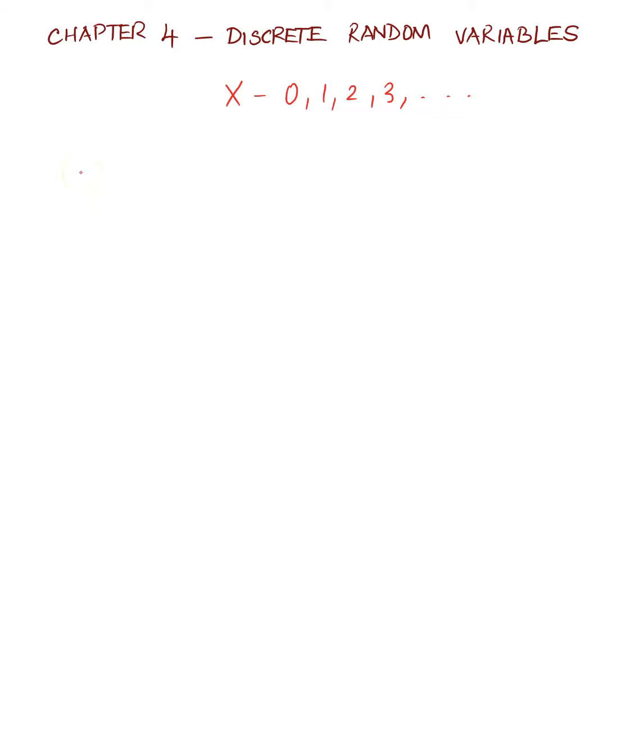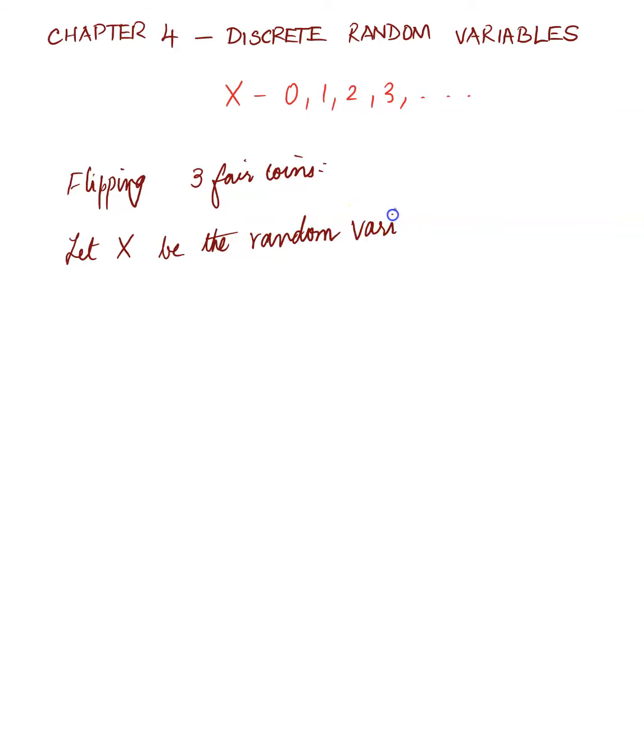So you're flipping 3 fair coins. Alright, and so you want to know the possible outcomes. So we want to talk about the random variable. So I'll say let x be the random variable. It always takes capital letters, but x is the most common one, right?